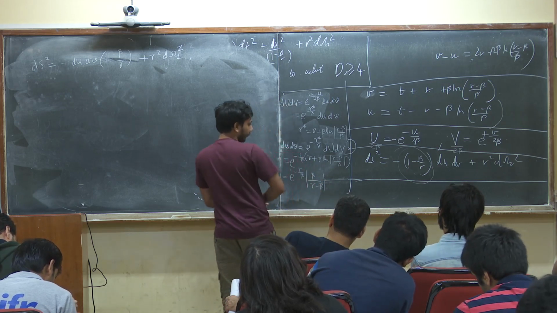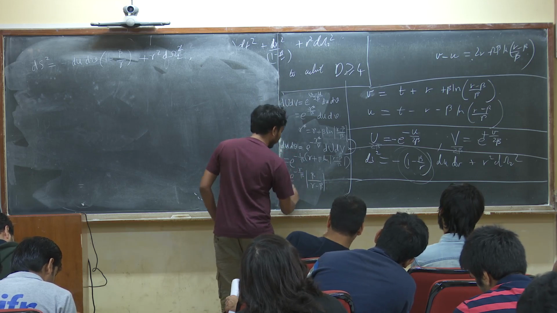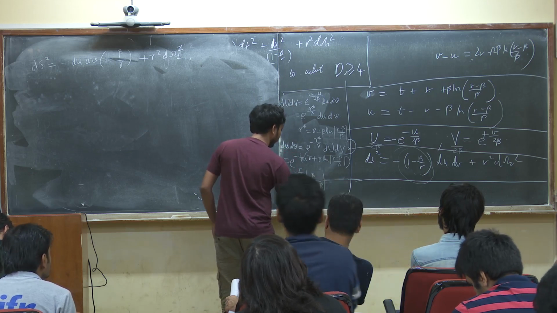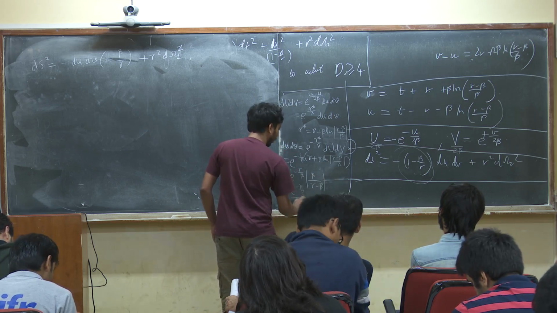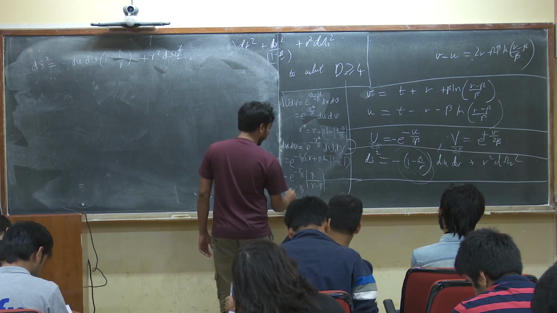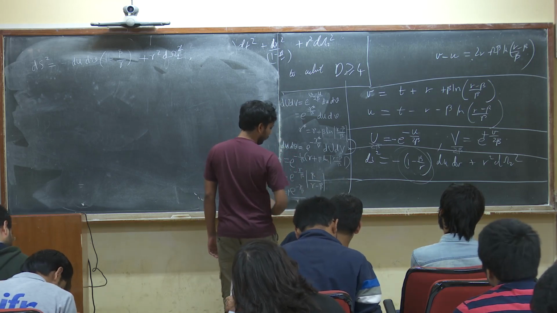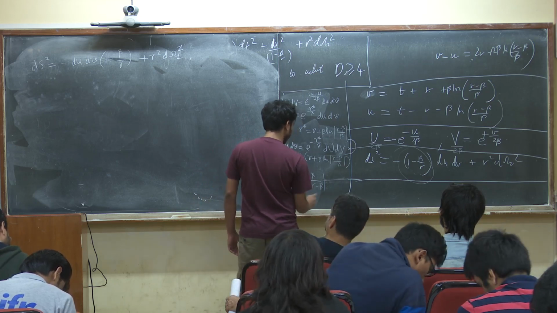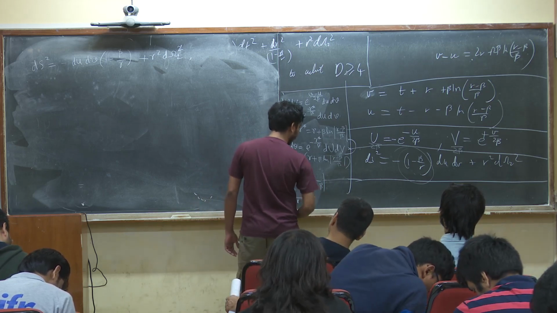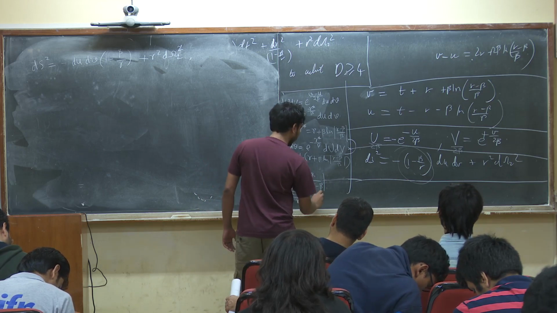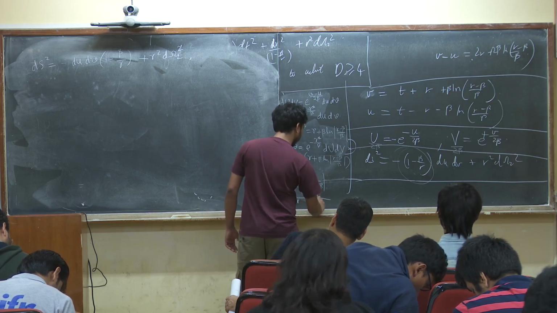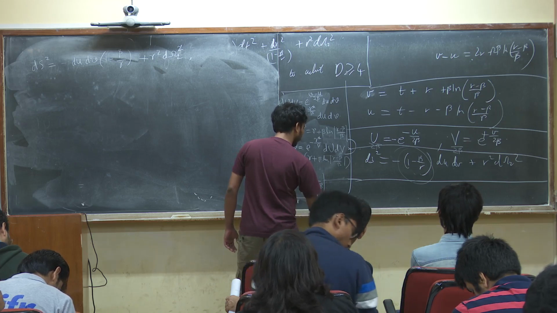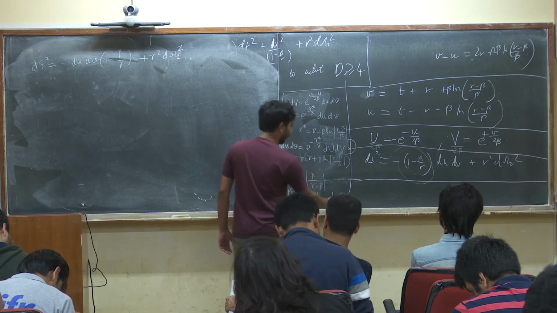Okay. Now you take a common r and the beta. Then it will be 1, so 1 by 1 minus beta by r. Great.